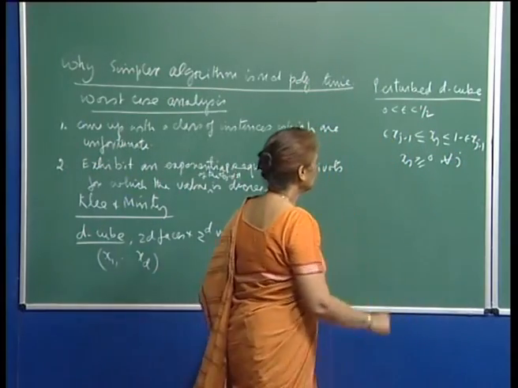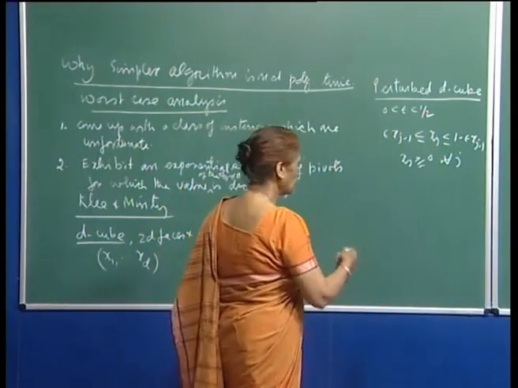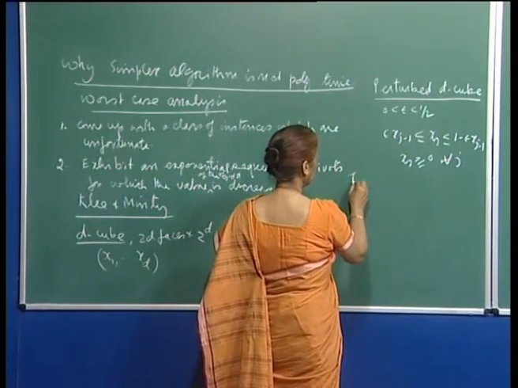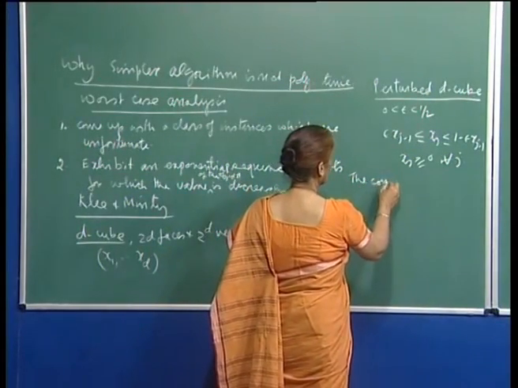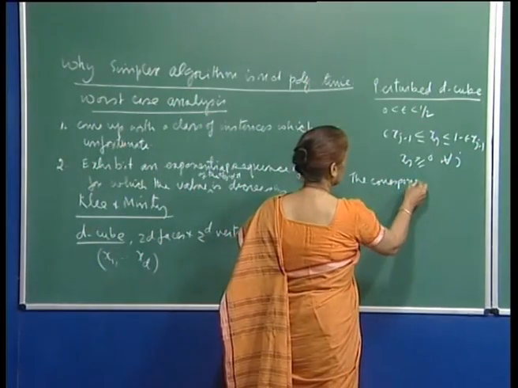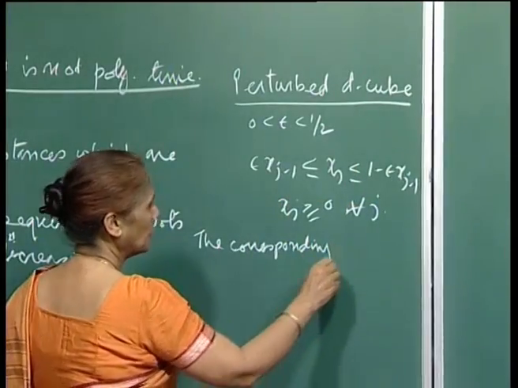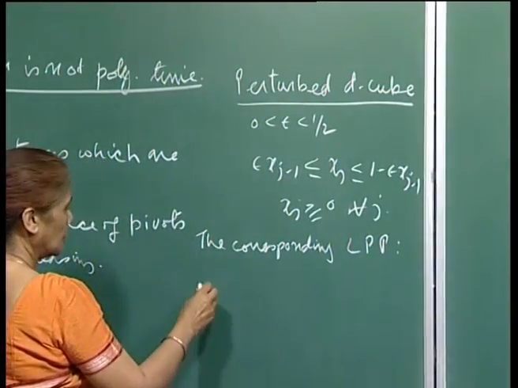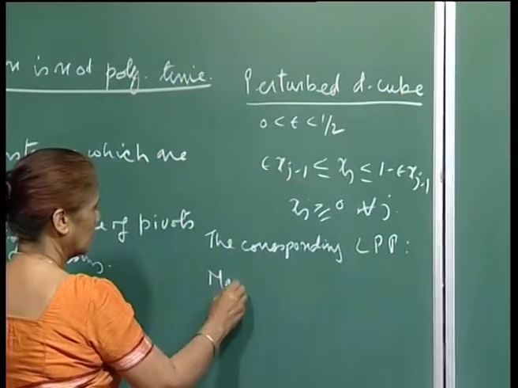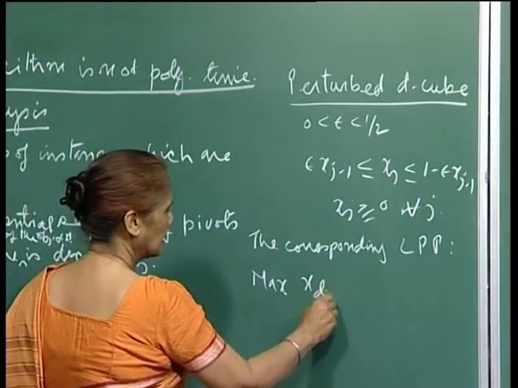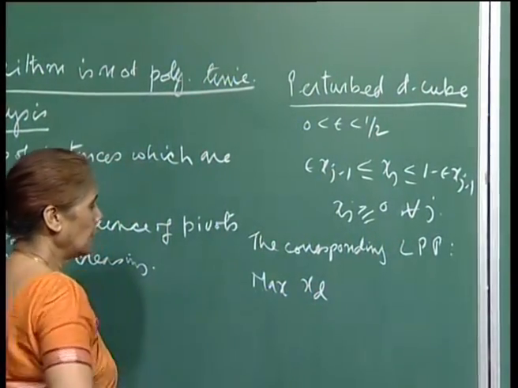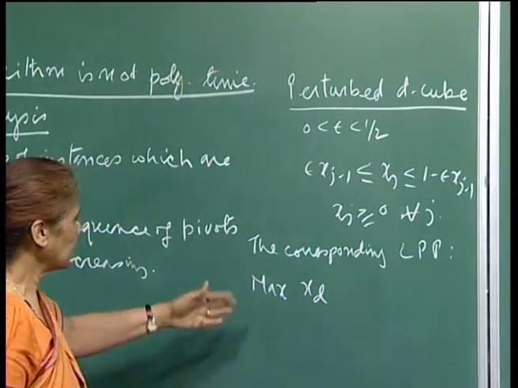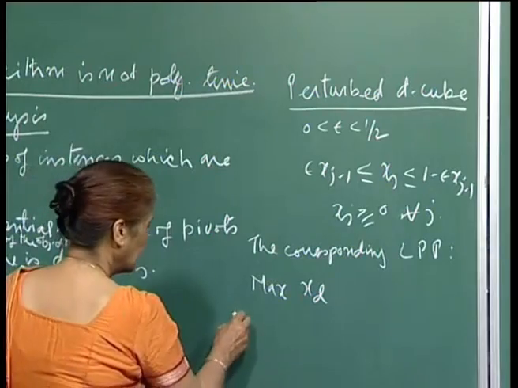Corresponding to this polytope we define the corresponding LPP. Here I will say maximize x_d; normally they define it as minimize minus x_d, which is actually maximize x_d, the minus sign can be outside.